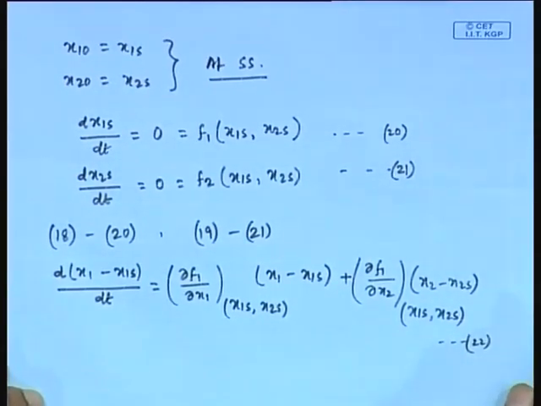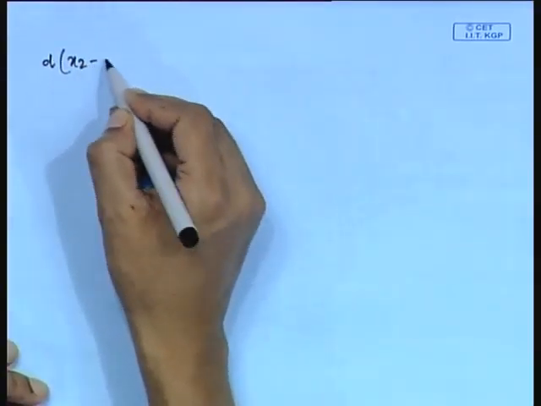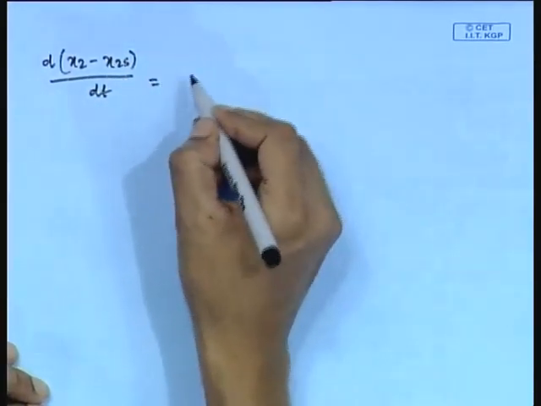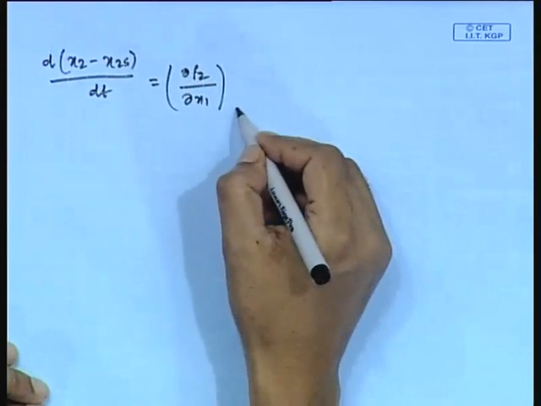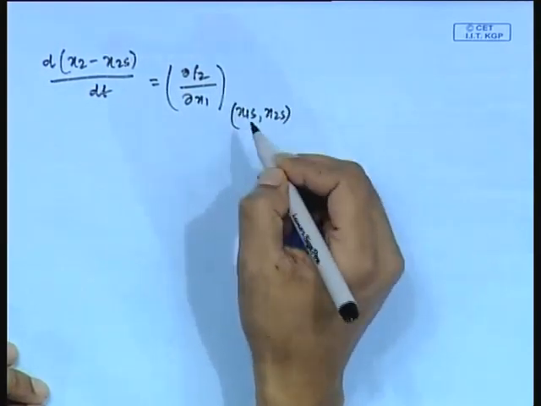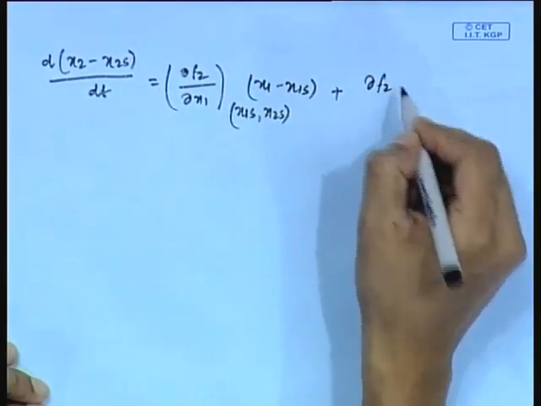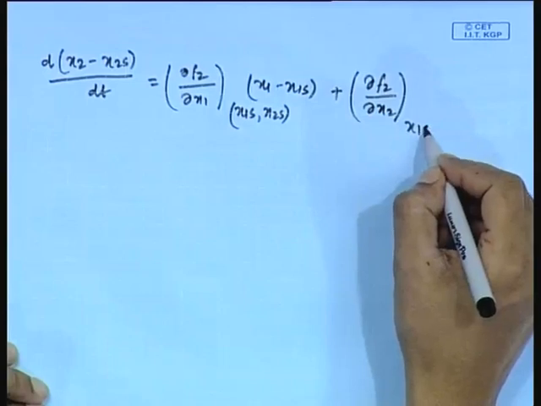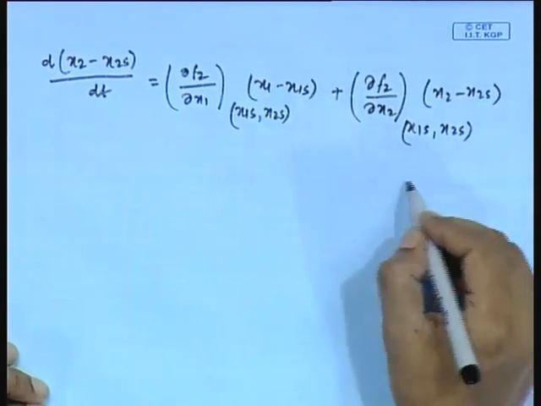Okay. Similarly, we will get for the second state variable: d(x2 minus x2s)/dt equals the partial derivative of f2 with respect to x1 at x1s, x2s, multiplied by (x1 minus x1s), then the partial derivative with respect to the second state variable, multiplied by (x2 minus x2s).